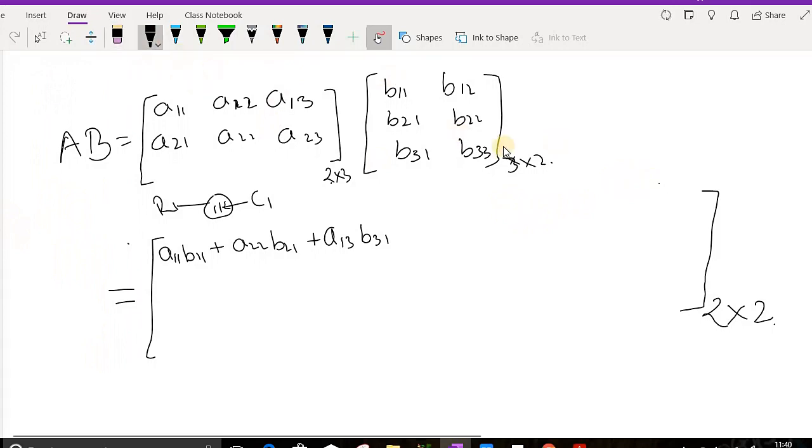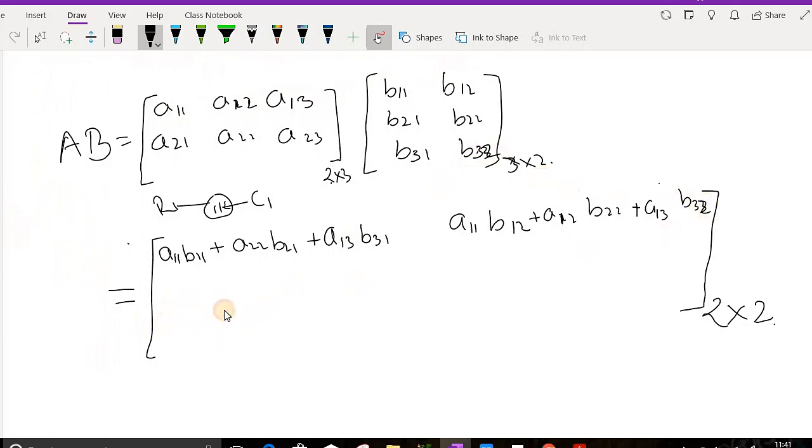R1 means this row, and this is the C2 of this matrix. So A11 B12 plus A12 B22 plus A13 B32.